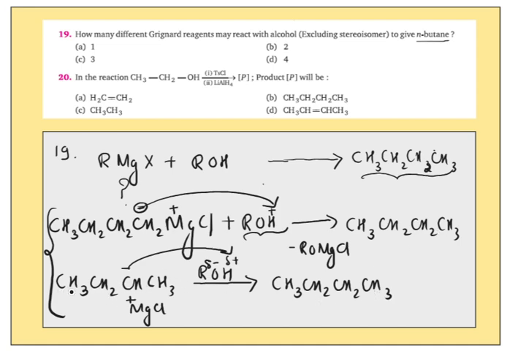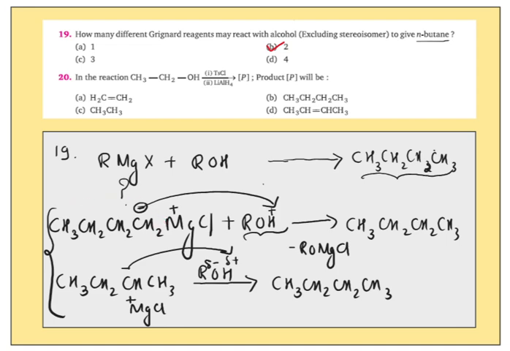There is no other Grignard reagent which will form n-butane. Therefore, the right option here is option B, that is 2. So there are 2 Grignard reagents of butane that react with alcohol to form n-butane.